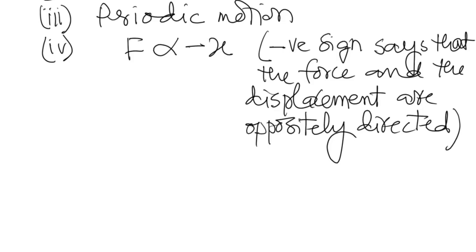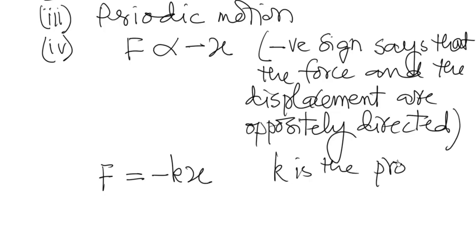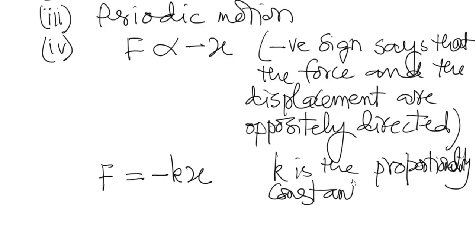From the fourth property, if we put an equal sign, then we'll have to put a constant k, where k is the proportionality constant, known as the spring constant.